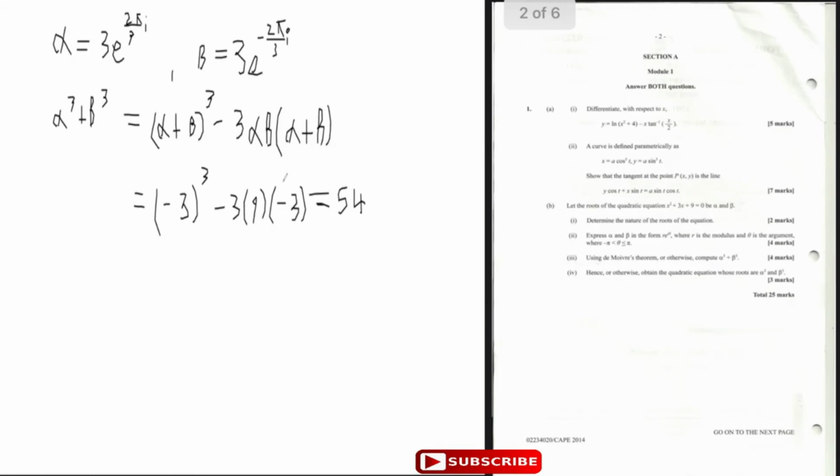Then finally, the last part of the question, as it is asking us right now, it says, hence or otherwise, obtain a quadratic equation whose roots are alpha cube and beta cube.